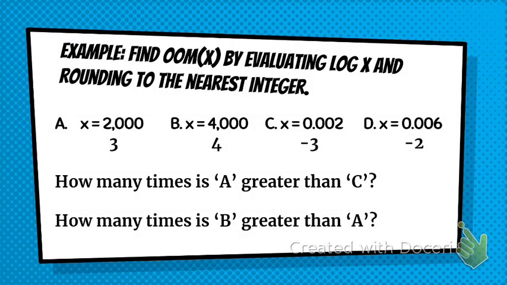All right, so here we have how many times is quantity A greater than C. Remember, the orders of magnitude, by definition, like we talked about in the second slide, is comparing two quantities.